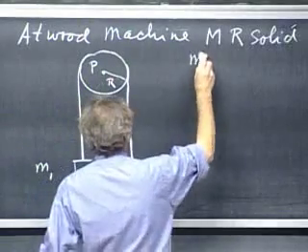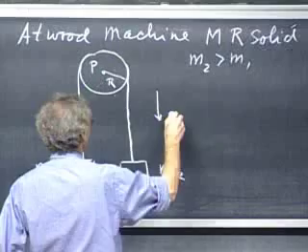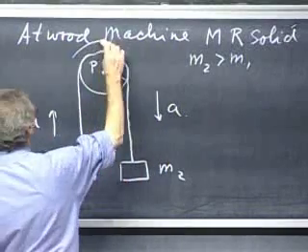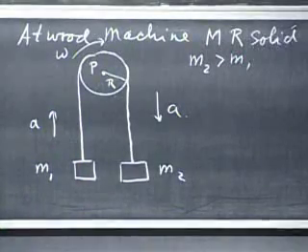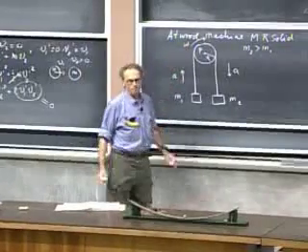And let's assume that m2 is larger than m1. So this will be accelerated in this direction, this will be accelerated in this direction, and this will start to rotate with angular velocity omega, which will be a function of time. And now, the first thing we want to do is to make up free body diagrams.